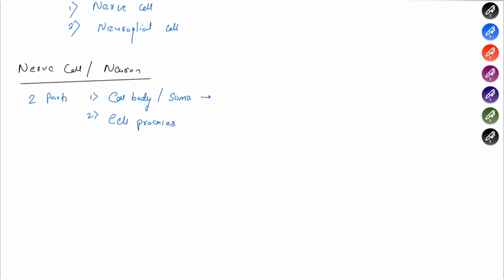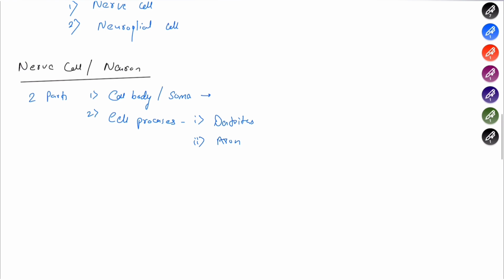The first is the dendrites and the second is the axon. Dendrites are multiple in number and small in size, and axons are single in number and longer in length.